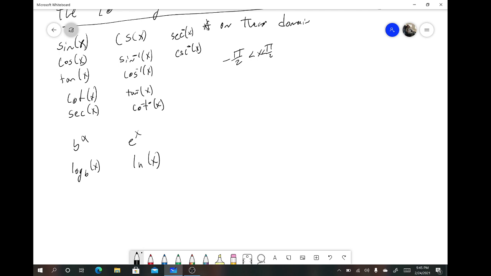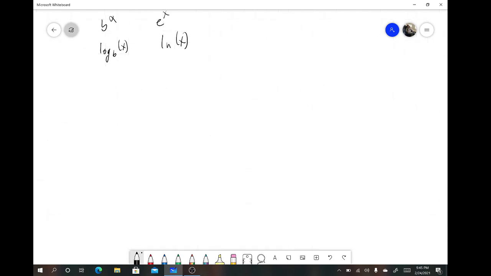Now I'm going to do one example of how you will go about determining whether our function is continuous or not. And it's going to be using one of these trigonometric functions. So let's say we're taking the limit as x goes to 0 of cosine square x minus 1 divided by cosine of x minus 1.